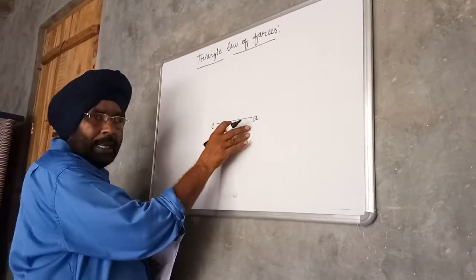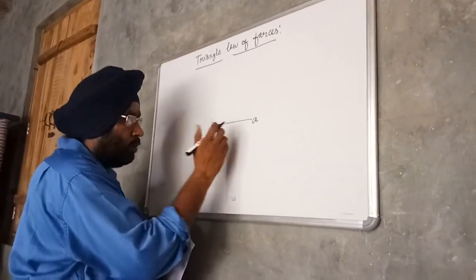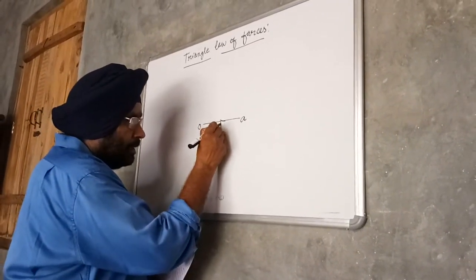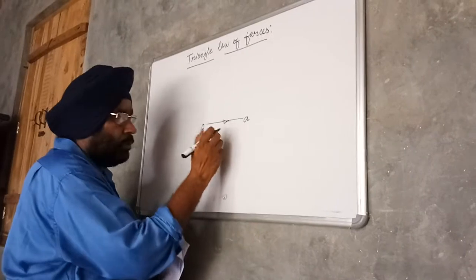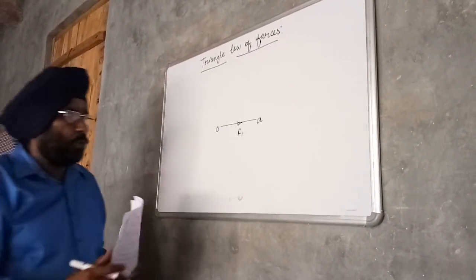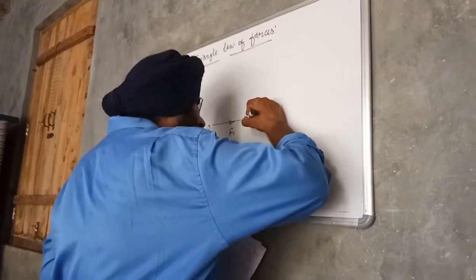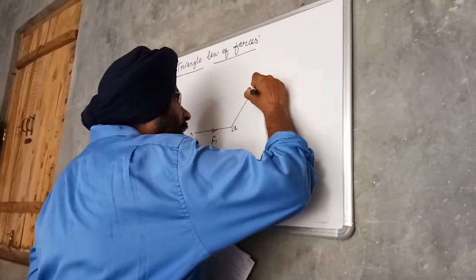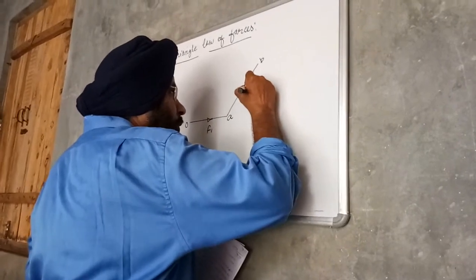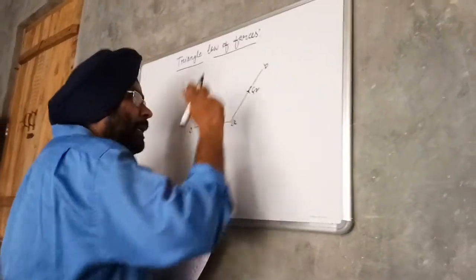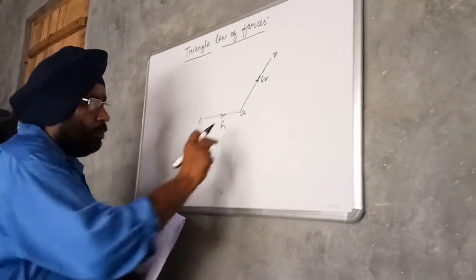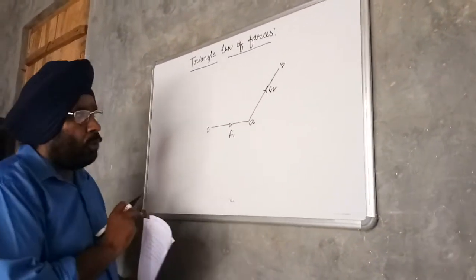The length of the line gives the magnitude of the force F1, and the direction of the line OA gives the direction of the force F1. Then the second force is F2. Vector AB represents the force F2. The length of the line AB gives the magnitude of the force F2, and the direction of AB gives the direction of the force F2.